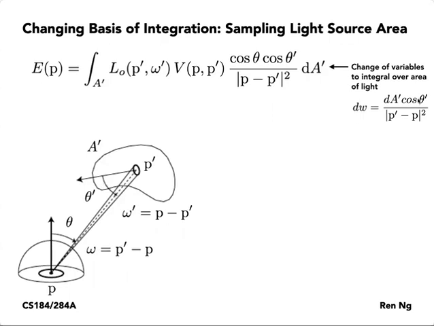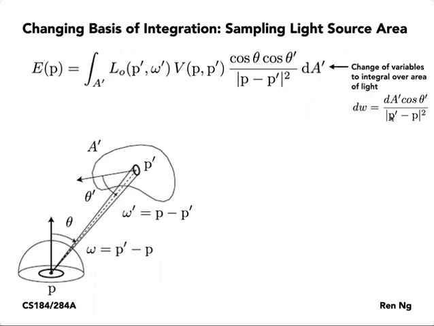And this term exists because geometrically, if the dA prime, the differential area, is tilted really far away from the direction that we care about, the projected area is going to be less, okay? So this is a geometric change of basis correction factor. And the differential area in terms of solid angle is going to be less if it's much further away, from the definition of solid angle, right?